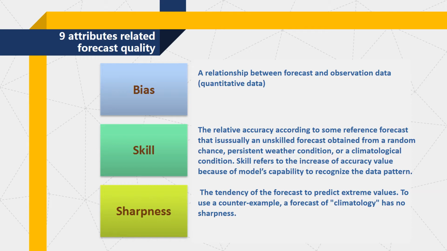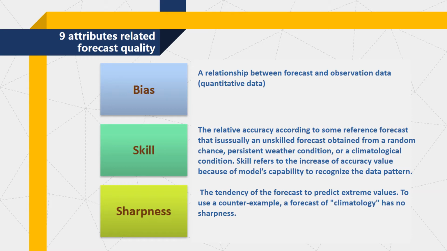There is usually an unskilled forecast obtained from random chance, persistent weather conditions, or climatological conditions. Skill refers to the increase of accuracy because of the model's capability to recognize the data pattern.